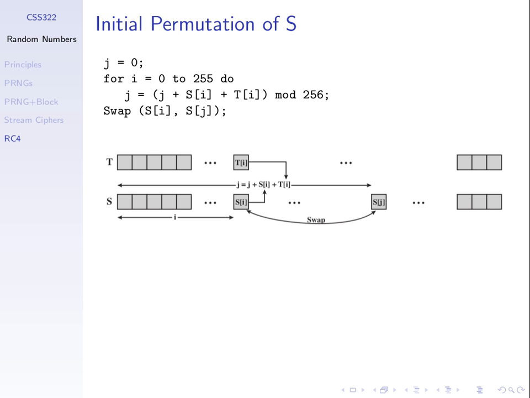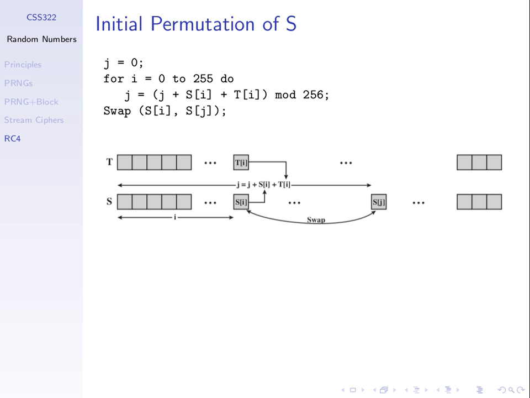So for I equal to 0, Si is the first element, element 0. And then similar for the first element of T, element 0 from T, add them all together, mod 256. We'll get the new value of J, and then we swap the 2 elements in the state vector S, swap element I and J. This should be inside the for loop, so this swap should be indented.